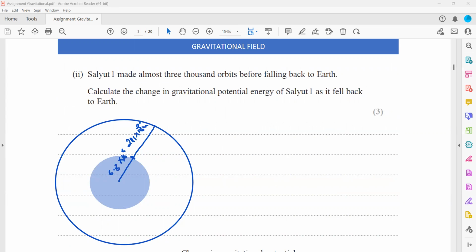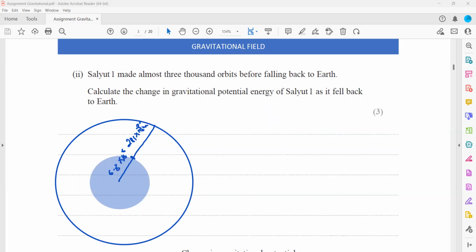So how can we work out its change in gravitational potential energy? Because the value of gravity is changing, we cannot use the formula mgh. That won't give us the right answer because gravity is not constant there.